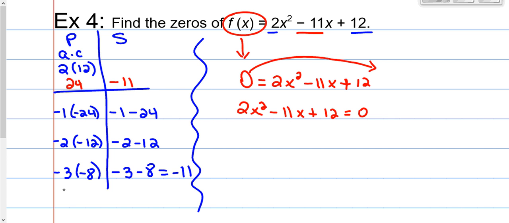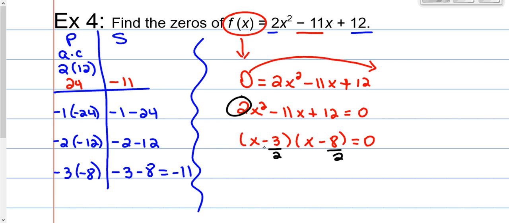So our two factors we're going to use are negative 3 and negative 8. So we have now x minus 3 and x minus 8 is equal to 0. Don't forget you have this 2 right here that we multiplied in our table to get our factors. So now we have to go back and divide by that same 2.